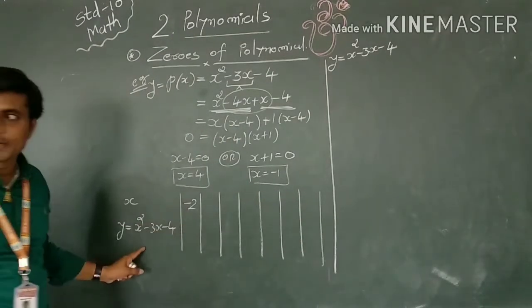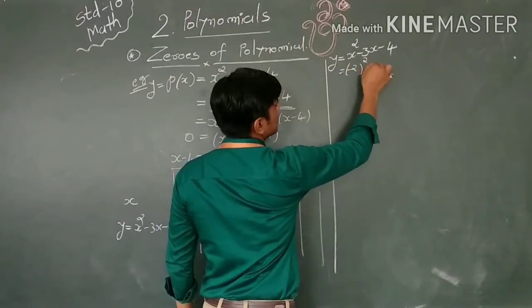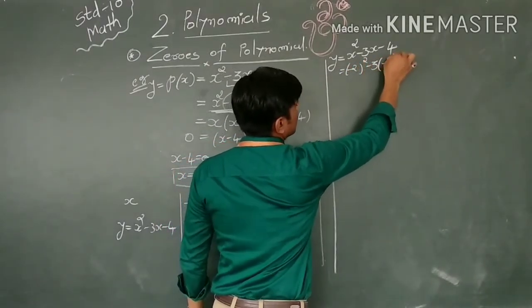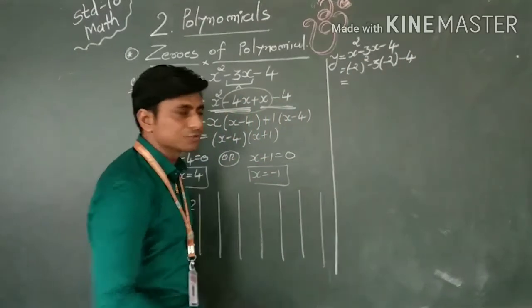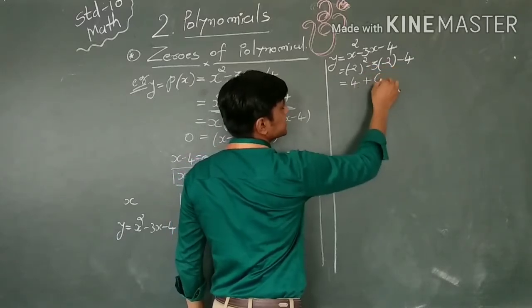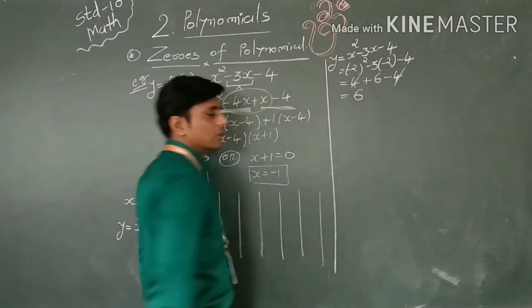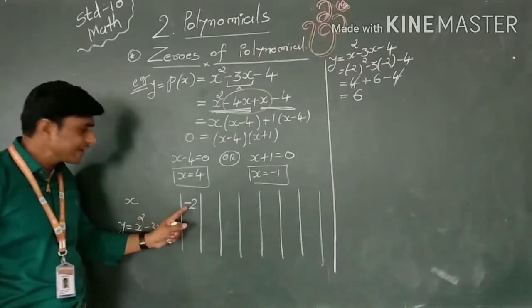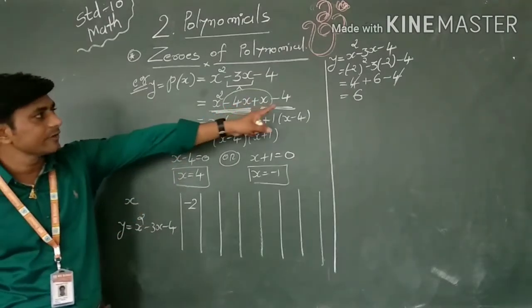Put x is equal to minus 2 and simplify this. Square of minus 2 is 4. Minus minus plus, 3 times 2 is 6, and minus 4. Minus 4 plus 4 cancel, we have 6. When the value of x is minus 2, the corresponding value of y is 6.